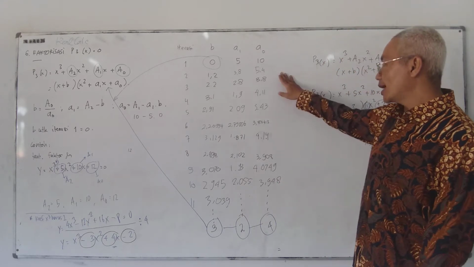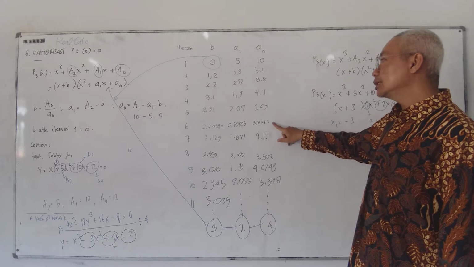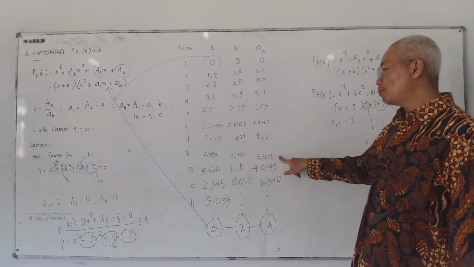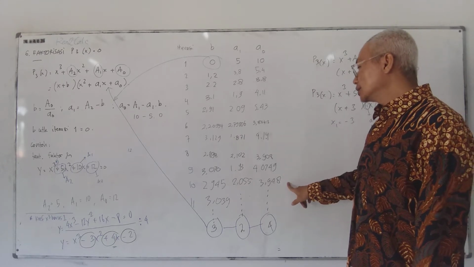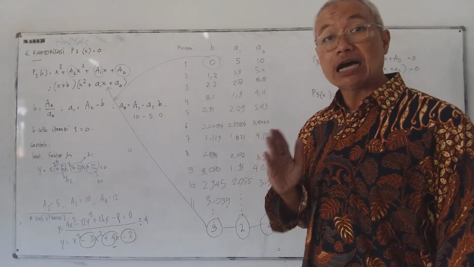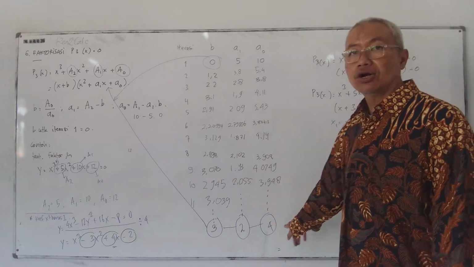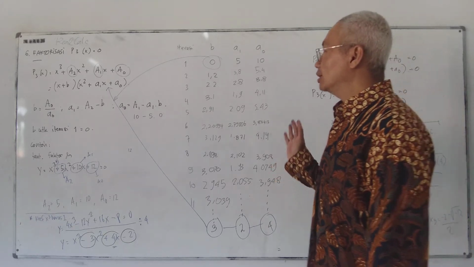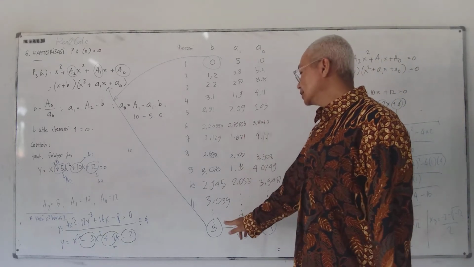And then for a0, after 3.8, 4.1, 3.9, 4.0, 3.9, it will tend to be a round number, 4.